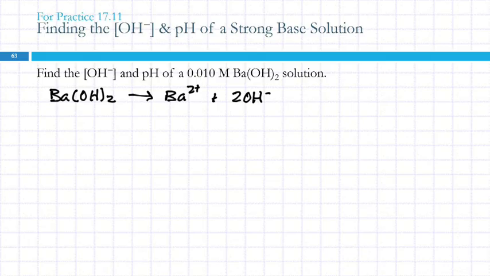So if we want the hydroxide ion concentration, we can just take the barium hydroxide ion concentration. Now let's do it this way so nobody gets confused, and do stoichiometry.